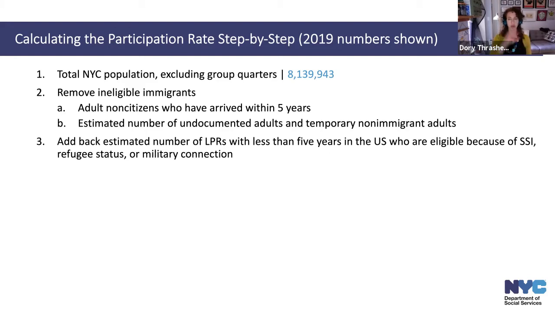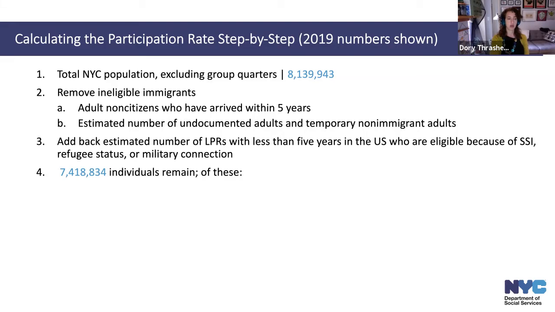And then from all of those immigrants that we removed, we have to estimate the number of legal permanent residents with less than 5 years in the US who are eligible because of a military connection or refugee status, and then we add them back into our data set. And that gives us 7.4 million individuals.